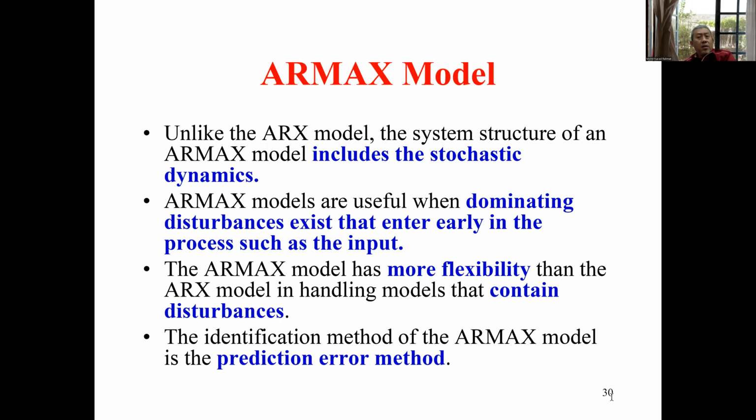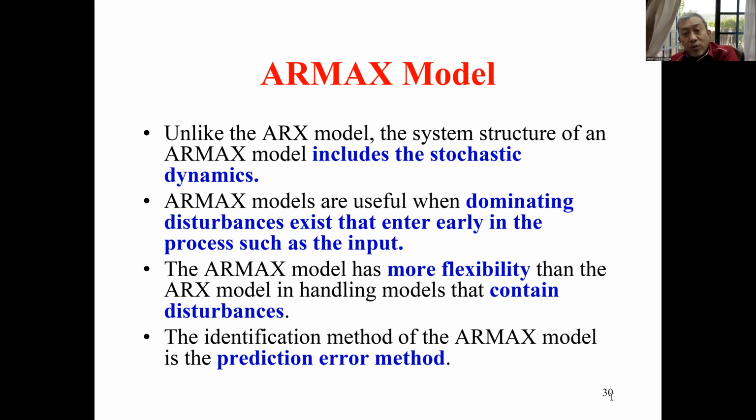Unlike the ARX model, the system structure of an ARMAX model includes the stochastic dynamics. Why do we use ARMAX? Because the SNR is low. The signal is very small but the noise is very high. That's why we apply the ARMAX model. We include the stochastic part, the noise part, the uncertainty part in the model.